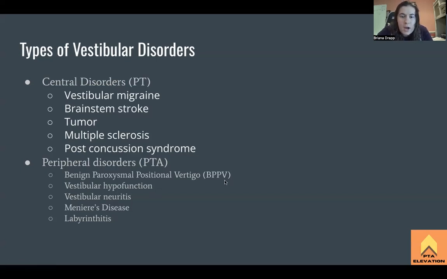Our most common one is benign paroxysmal positional vertigo, which I will only refer to as BPPV because that is a mouthful. This is the most common one that you will see in the clinic. And then there's vestibular hypofunction. Remember, when we turn our head to one side, there's a signal coming from that ear to the brain saying you're turning your head to this side.